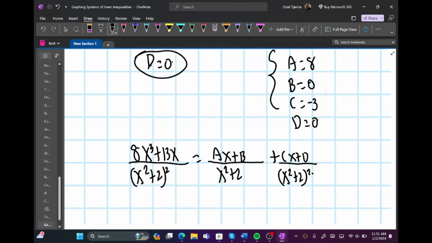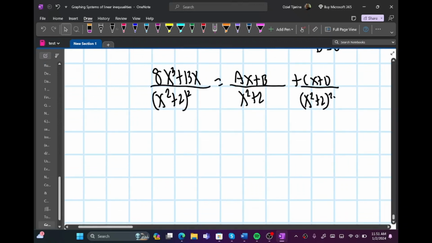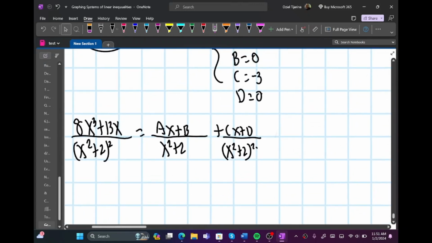And so finally, we're just going to plug in the following values.